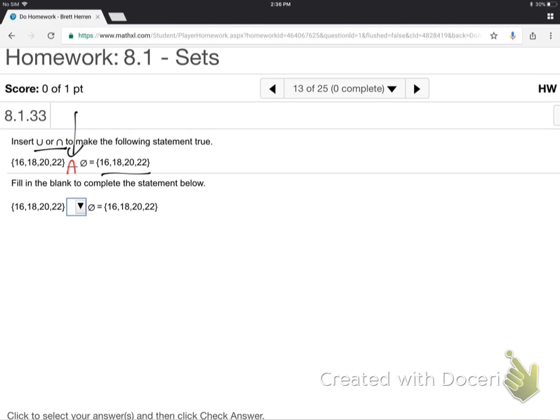If you put overlap, it's wrong. Why? Because that means overlap, like what's in common? Who's in both? Well, there's nobody in the empty set, so they would have nothing in common, right? The empty set has nothing in common. So it's unite. It's, hey, this class gets together with nothing, and it's them. Which is kind of a silly statement, but it's true.